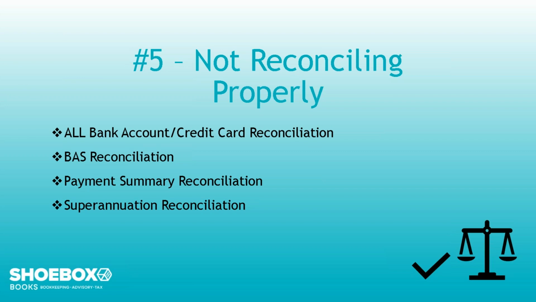The same with your superannuation reconciliation. You must check that enough superannuation has been recorded, or that there's too much superannuation that's been recorded, because I've seen both. Superannuation is now at 9.5%. I've seen people not change the percentage of the superannuation. Some of them are still at 8.5% or maybe even at 7%.